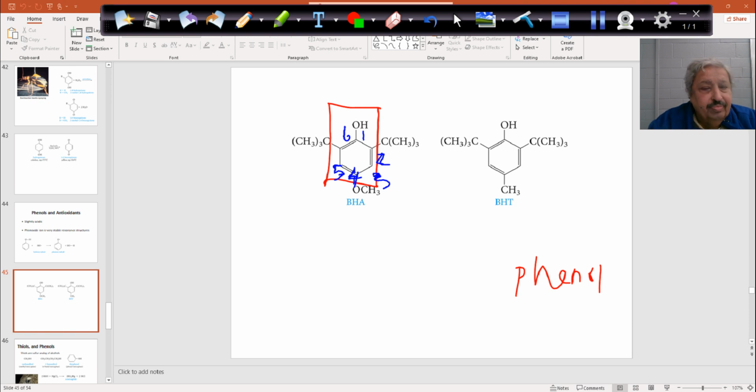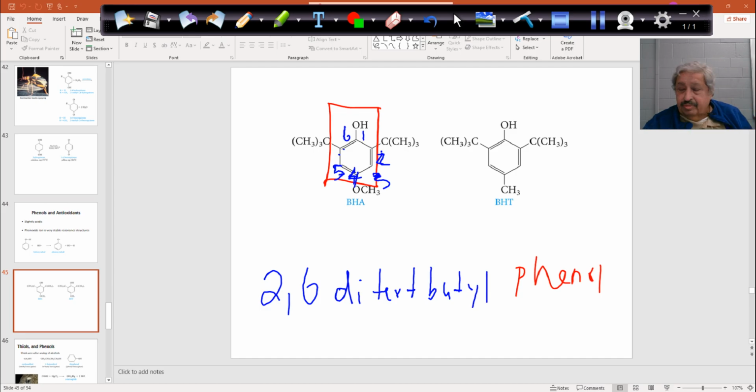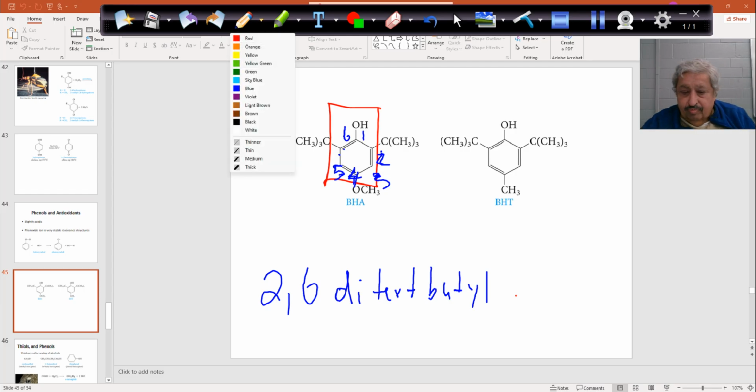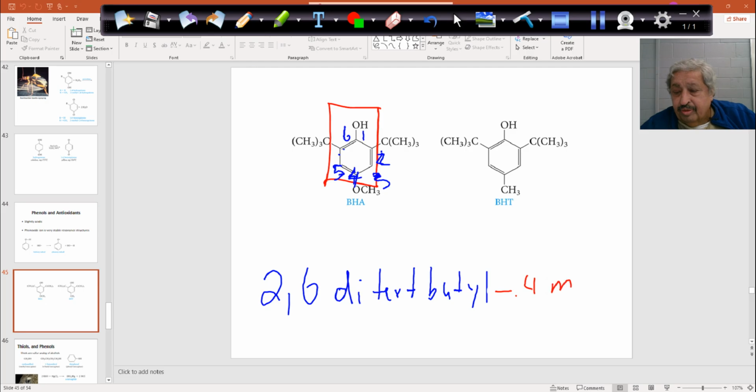So you have 2 and 6, tertiary butyl. And then somewhere here you'll get methoxy. So you have to tell me where the methoxy is. Number 4, comma, 4-methoxy. And then at the end, the whole body is phenol.